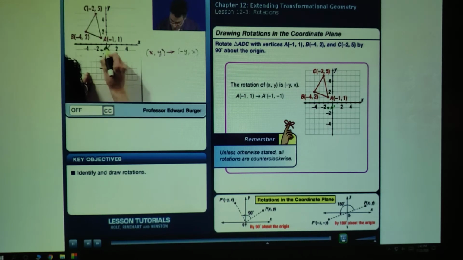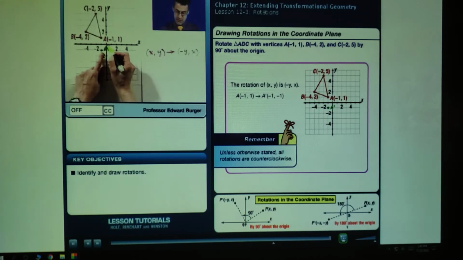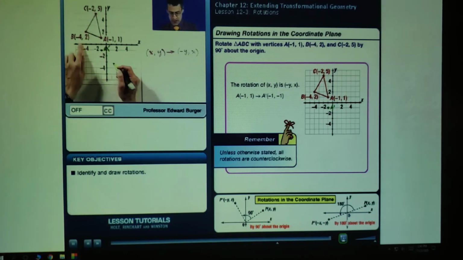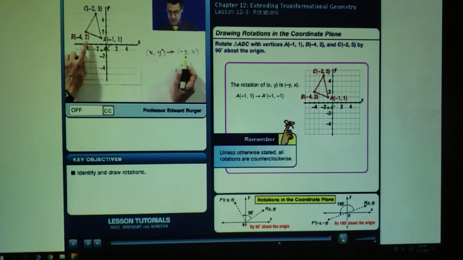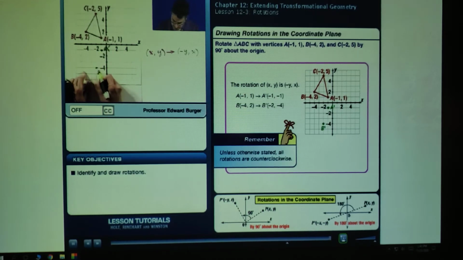A prime is how we mark the image of A under this map, which is going to be the point that has coordinates negative 1, comma, negative 1. All right, what about B? Where does B go to? Well, under this map, we see it goes to negative 2, comma, negative 4. So negative 2, comma, negative 4, that's exactly the coordinates for B prime.